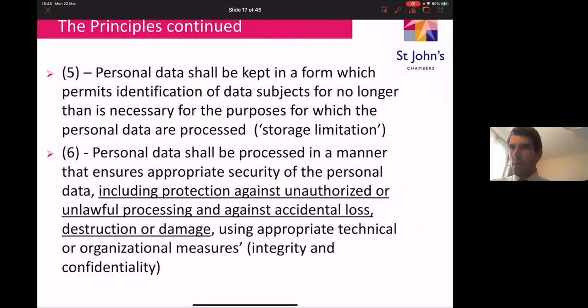So that's the integrity and confidentiality principle, which it also includes, and this is wording which is repeated again in Article 24 of the GDPR, which we'll come on to, the appropriate technical or organisational measures.